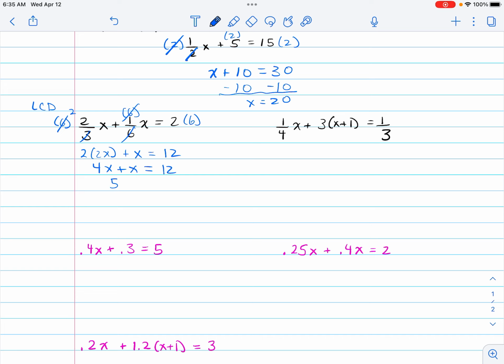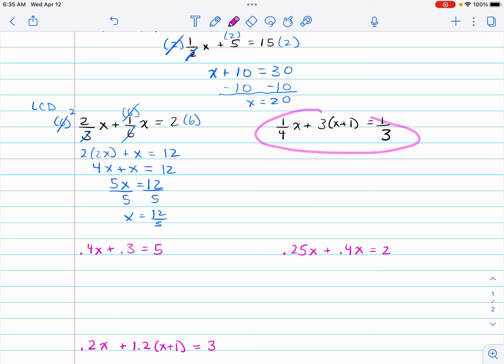Combine like terms, and we get 5x equals 12, divide by the 5, and we get x equals 12/5. So notice, all we did was multiply by whatever will divide both of those denominators out. Now let's look at the next one.